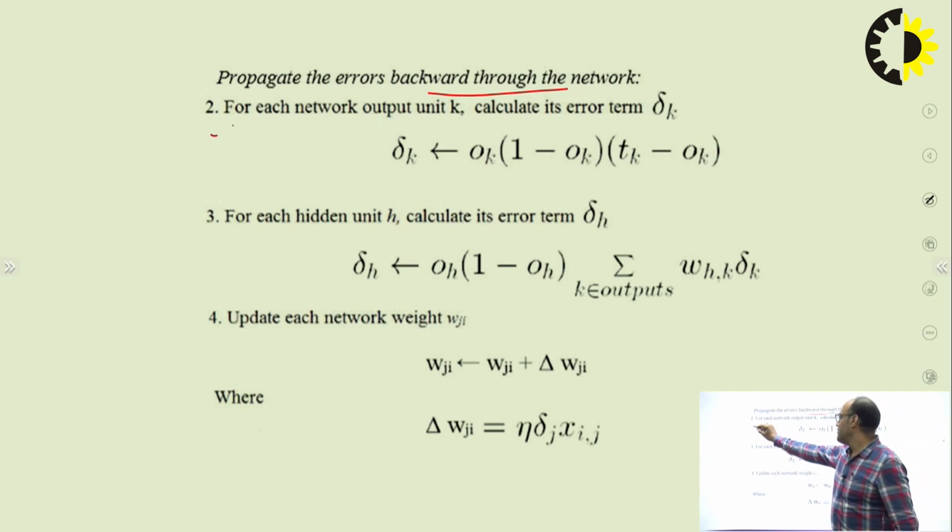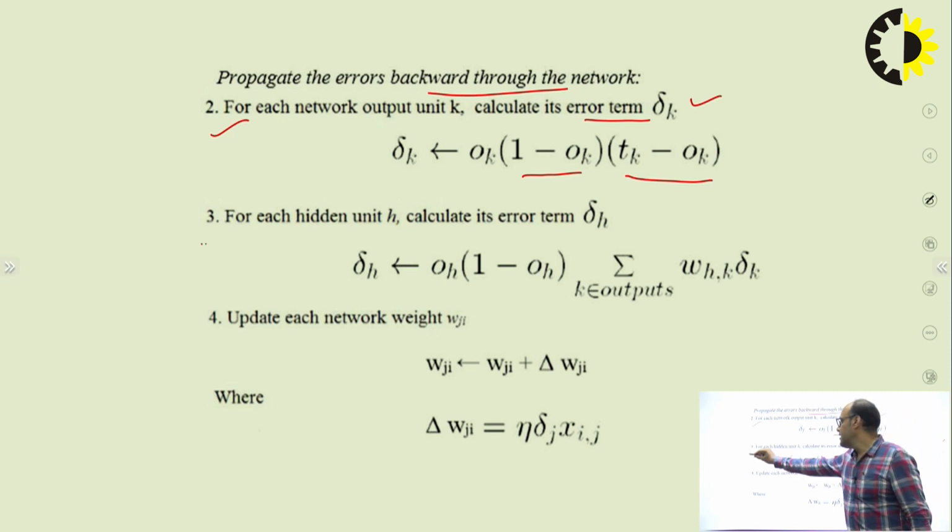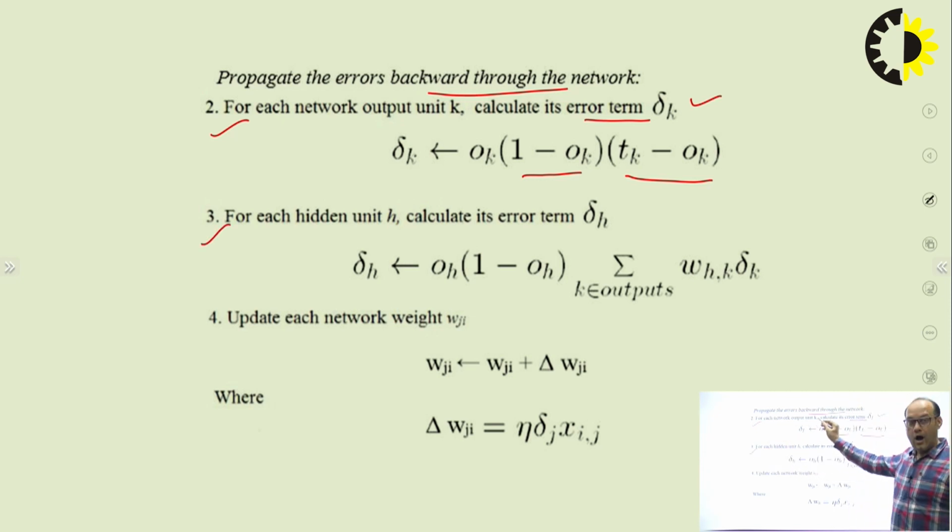Number 2, for each network output k, calculate its error term delta k: delta k = ok(1 - ok)(tk - ok), where t is the target output and o is the calculated output, the difference between them. This is for the output layer. Then we back pass from output to hidden layer.